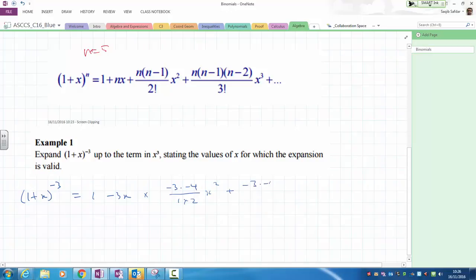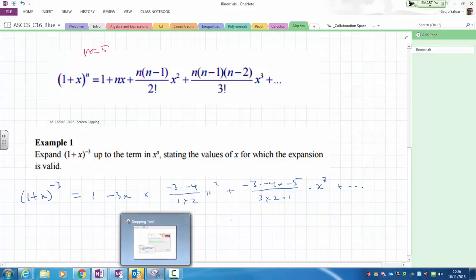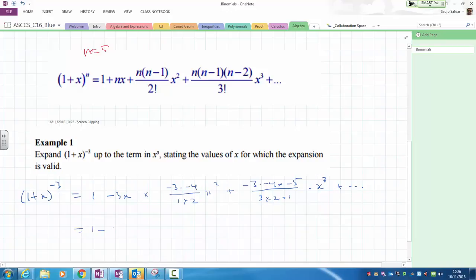Plus minus 3 times minus 4 times minus 5, divided by 3 times 2 times 1 times x cubed, and on and on. If we then tidy this up, we get 1 minus 3x plus 6x squared minus 10x cubed, and on and on.